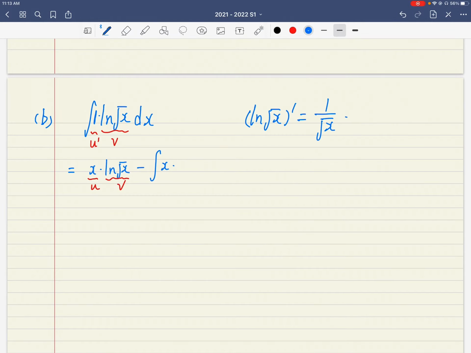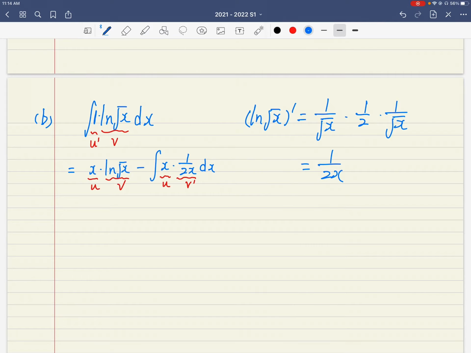It's 1 over square root of x times half times 1 over square root of x, which is 1 over 2x. So it's just 1 over 2x dx. This part is u, this part is v's derivative.